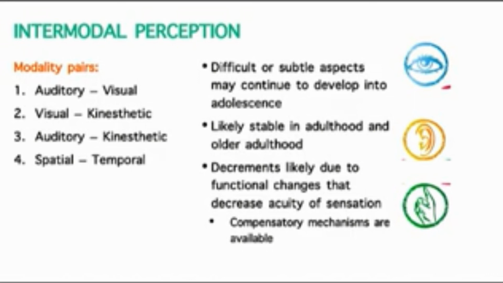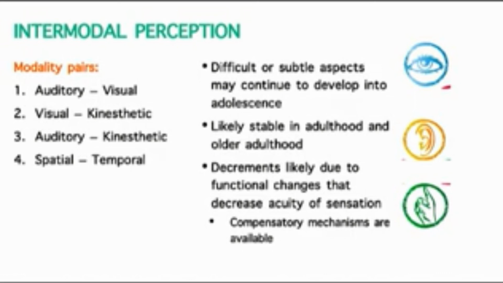And decrements are likely due to functional changes that decrease the acuity of sensation. Or decrements could be due to whether compensatory mechanisms are or are not available, right? So we talked about different ways that aging of systems could affect our perception and sensation. Usually all of those are related to a decrease in acuity.